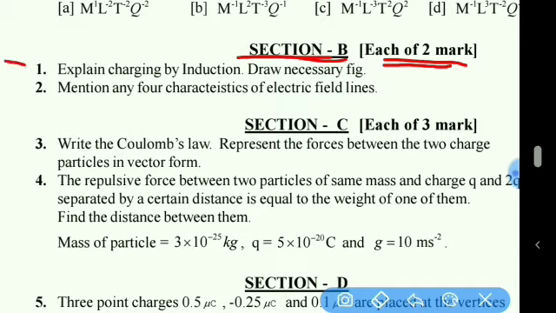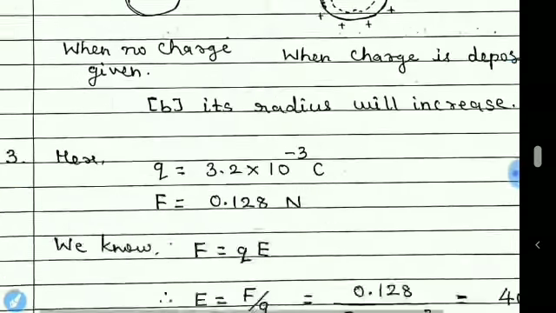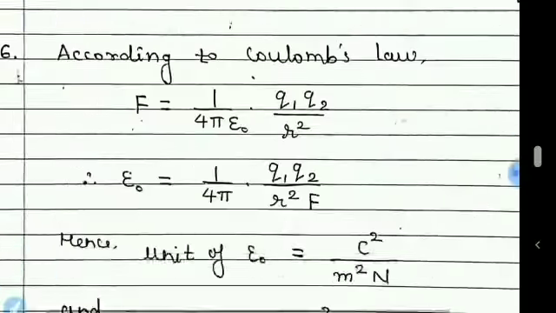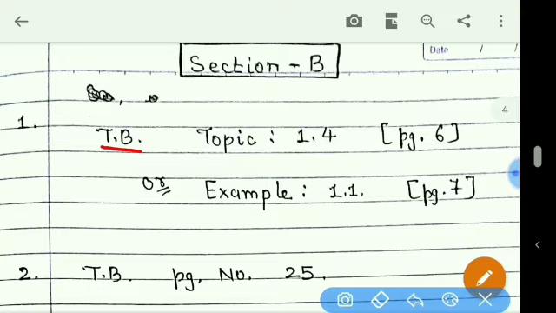Now here this first question is about charging by induction. Here we have to explain the charging by induction and draw a necessary figure. The answer for this question is given on textbook page number 6, topic number 1.6.